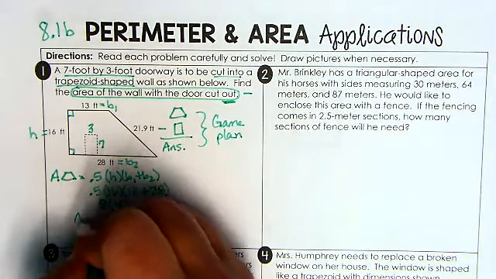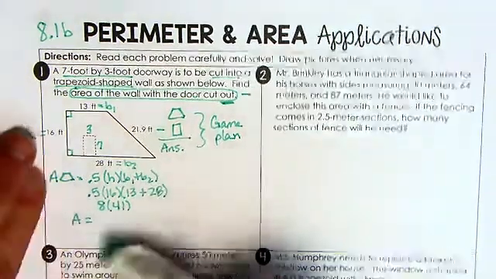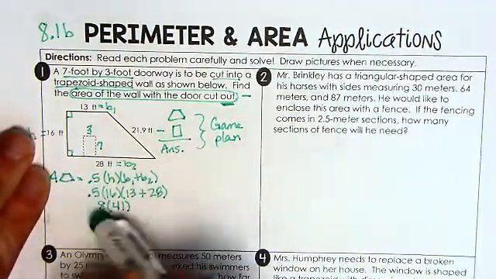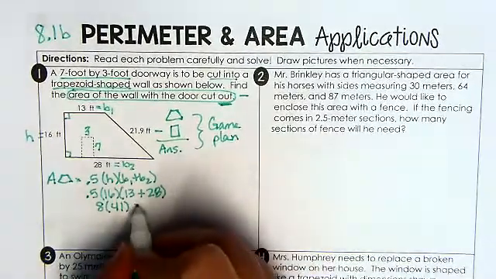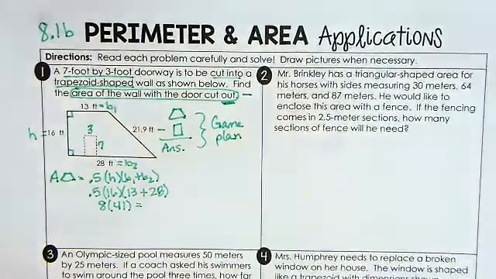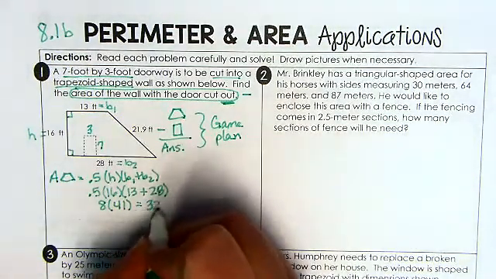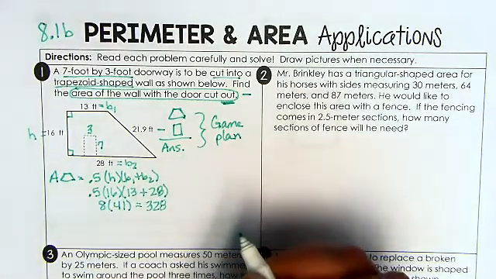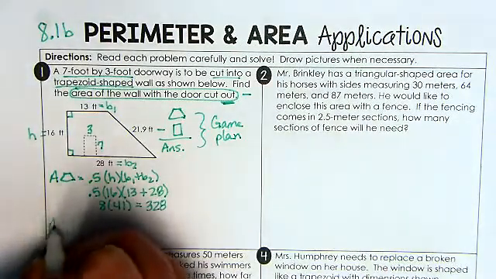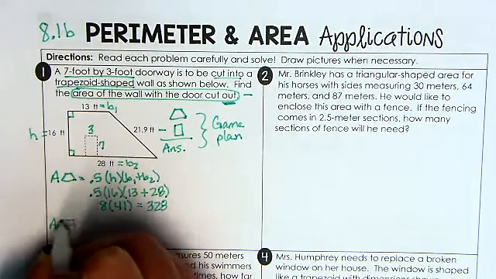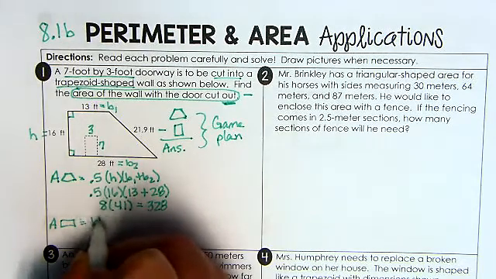So then to get this area, I'm going to save on space here, and I'm just going to write this answer right here, times 8, enter, which is 328.